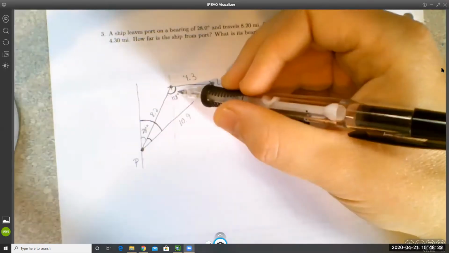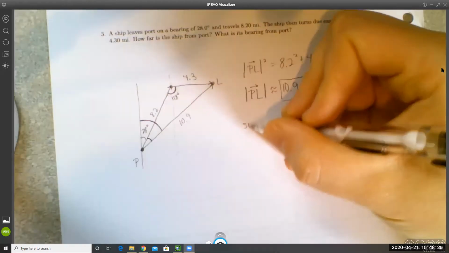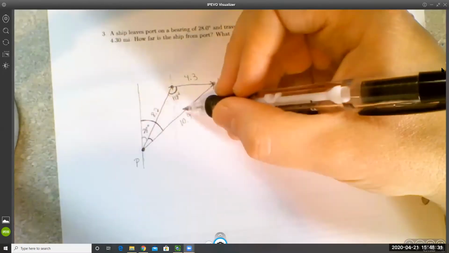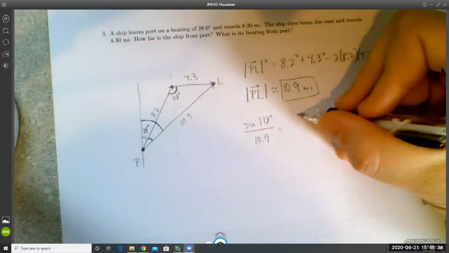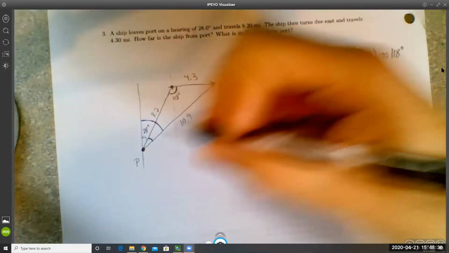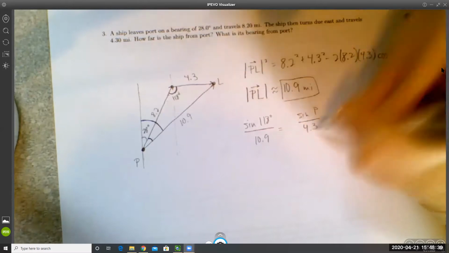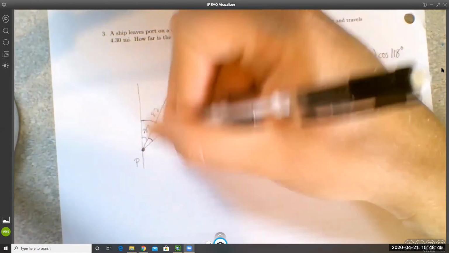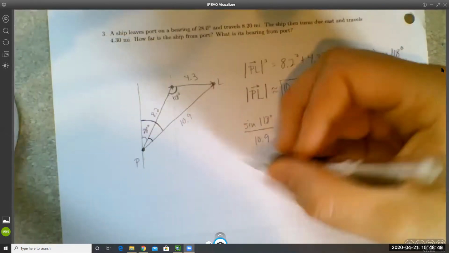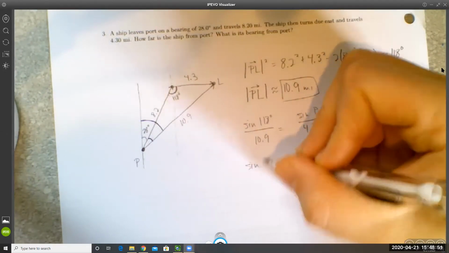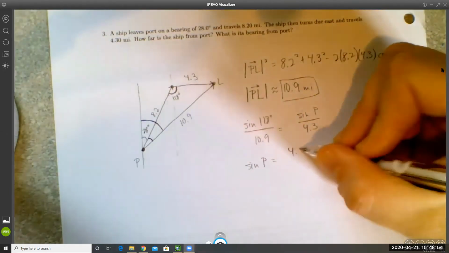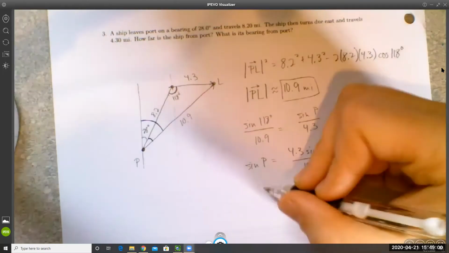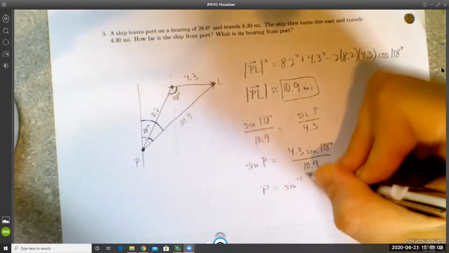So I can say sine 118 over 10.9 equals sine p over 4.3. I'm just calling this little angle p. It's sort of ambiguous which one I'm talking about, but anyway, sine p is going to be 4.3 sine 118 over 10.9, which means p is going to be sine inverse of that.